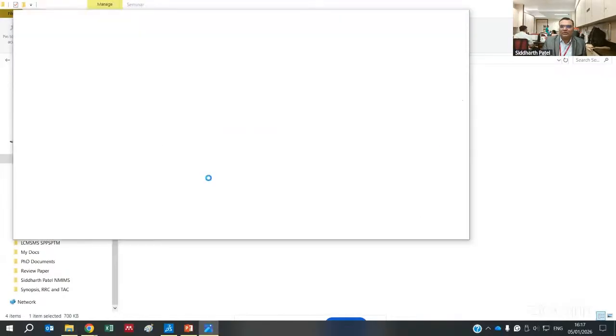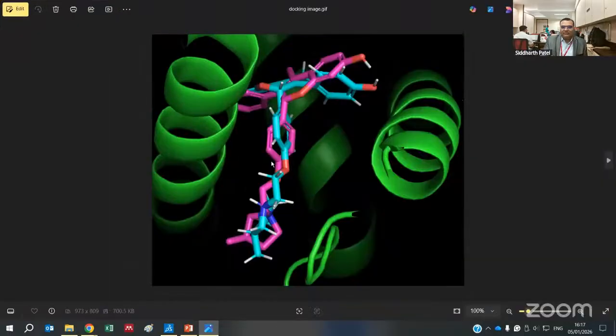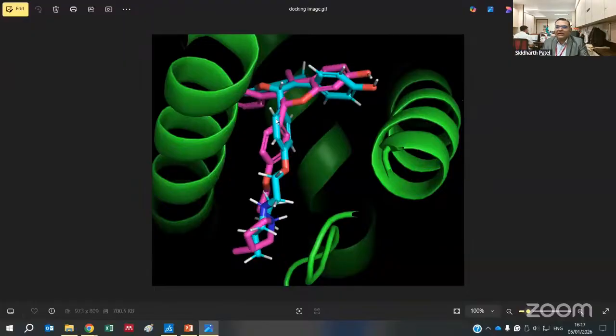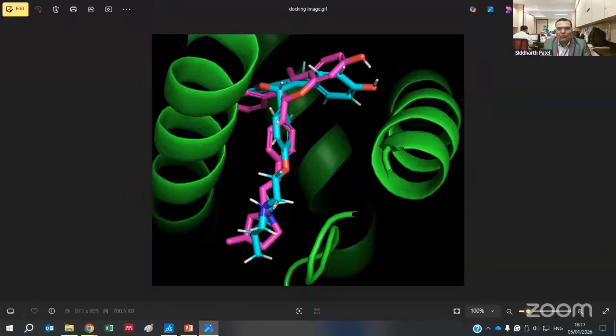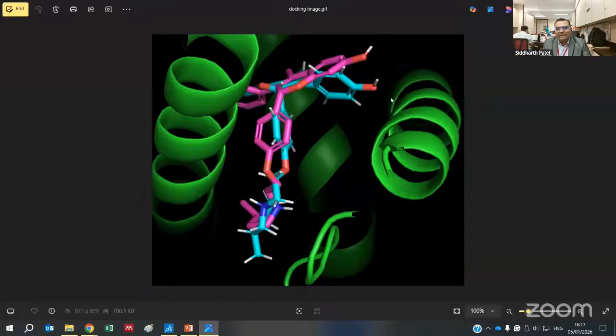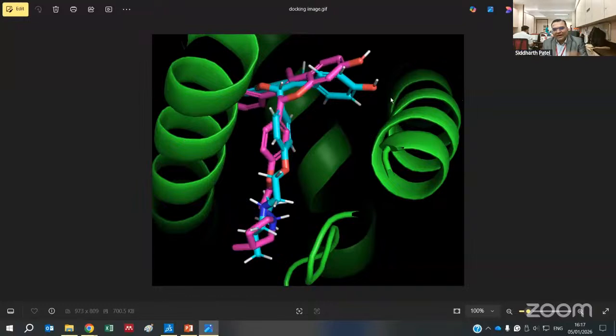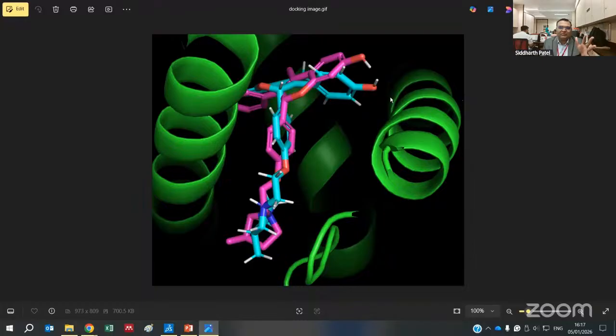The molecule is like this. So the software is trying to get the right conformation of the molecule so that we get the maximum docking score. The molecule giving the maximum score will be the right conformation of the ligand as well as the right conformation of the protein.